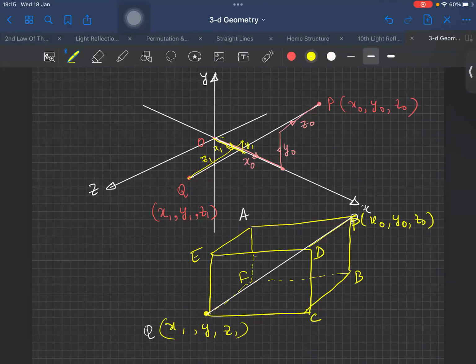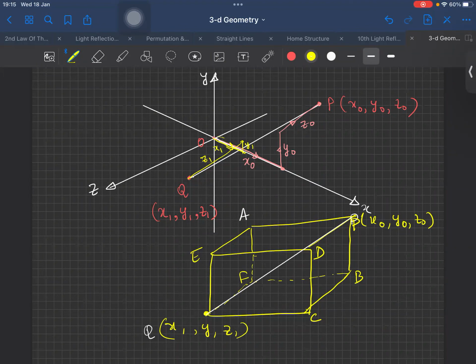So in order to find PQ, now you see this plane. You might have studied solids in the first chapter of physical chemistry, not in 11th standard, it is in 12th standard.